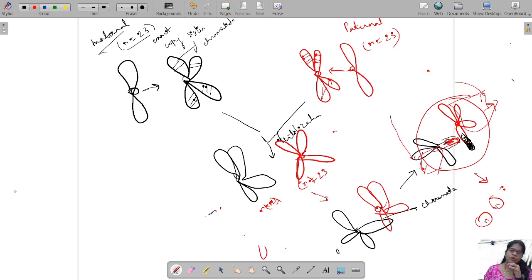After crossing over happens, after the formation of tetrads and bivalents, these are all happening in prophase 1, remember. In metaphase 1, they will arrange themselves like in mitosis, in a perpendicular position for easy pulling by the spindle fibers.